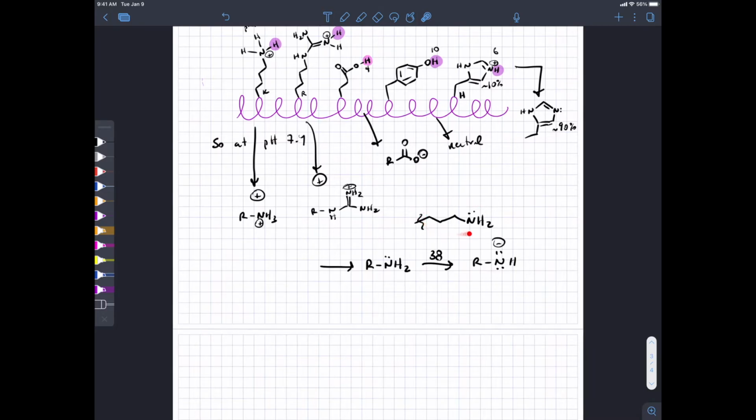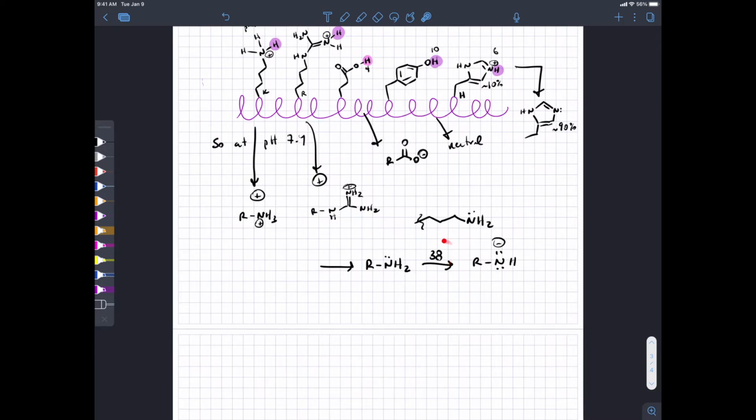Some people go to the pKa table and say, okay, pKa of 38, therefore we don't have any of the negatively charged groups at pH 7, which I agree with. That's totally true.